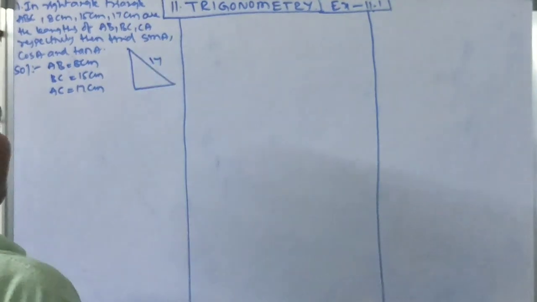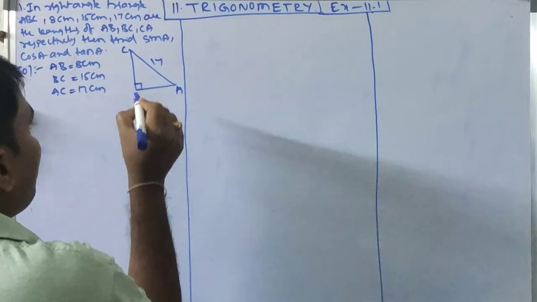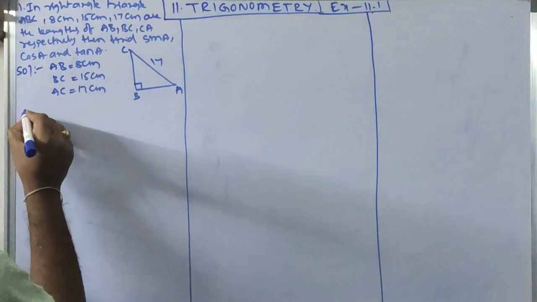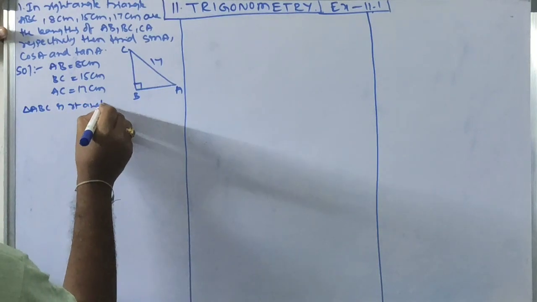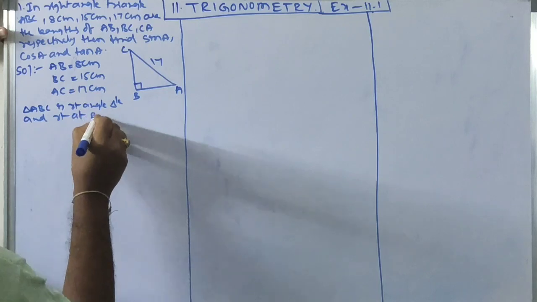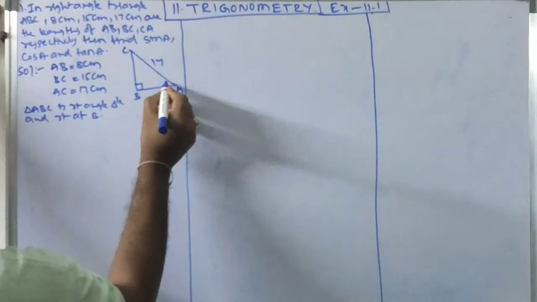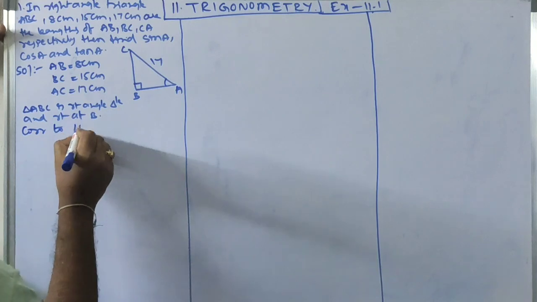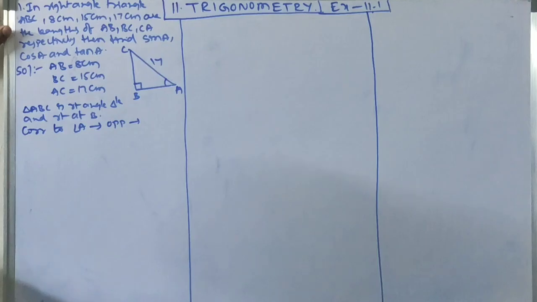This is 17. What is 17? AC. Automatically this is B. So right angle at B. So triangle ABC is right angle triangle and right angle at B. So we are finding with respect to angle A. What is the opposite side?